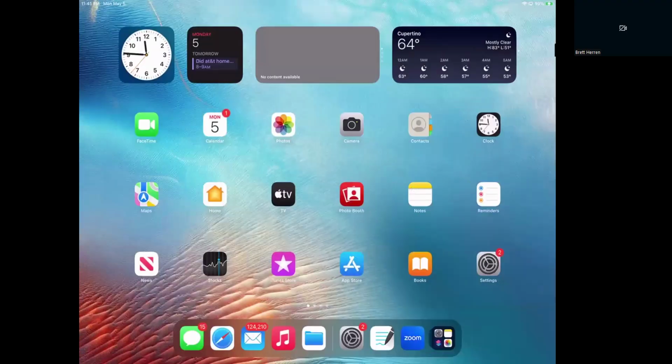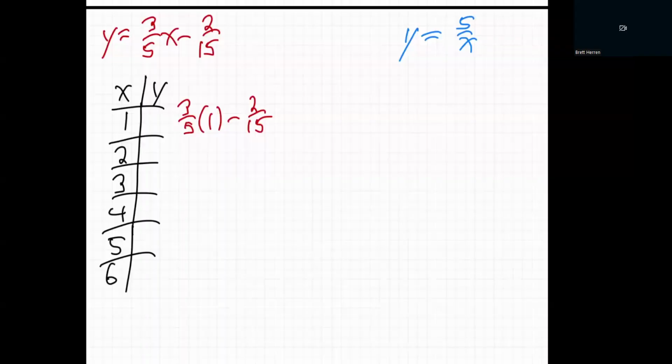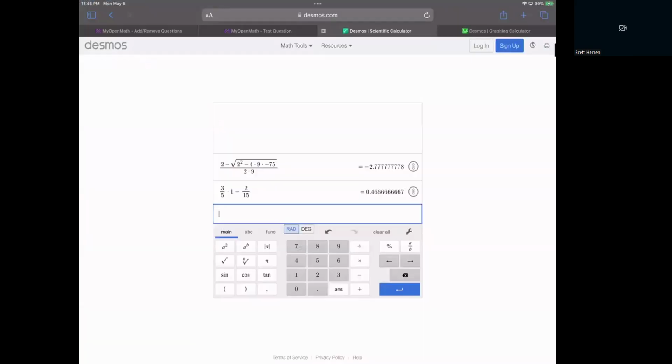I'll say it's 0.5, close enough. Now I'm going to plug in 2. Let's go back and change that to 2. What do I get? 1.1.